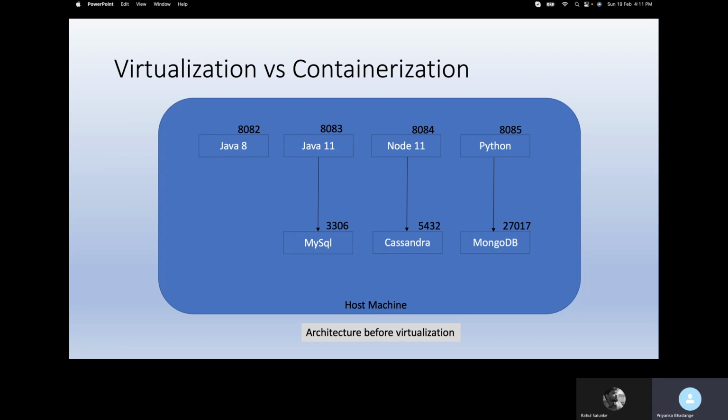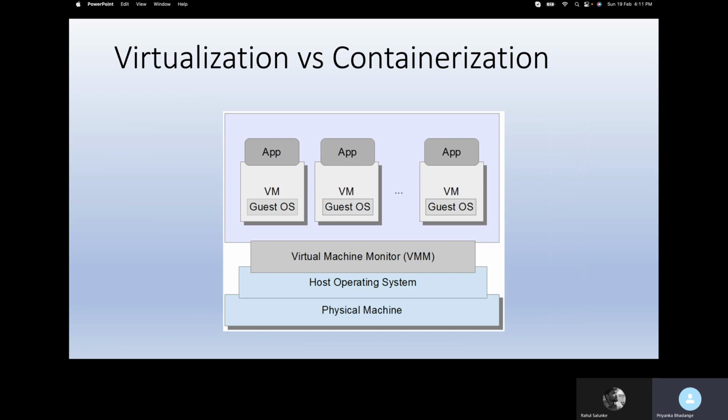Apart from that, if one of the services or processes starts utilizing many resources at a time, other processes used to get killed. They had to compromise their resources as well. So to avoid that, virtualization came into the picture.